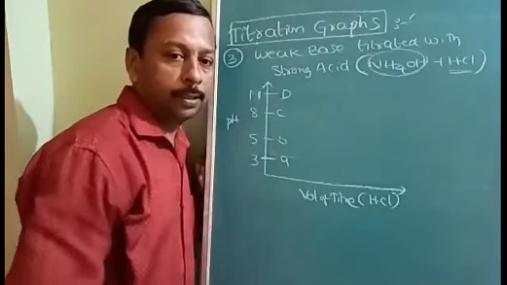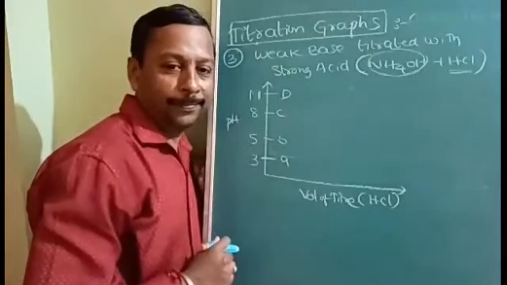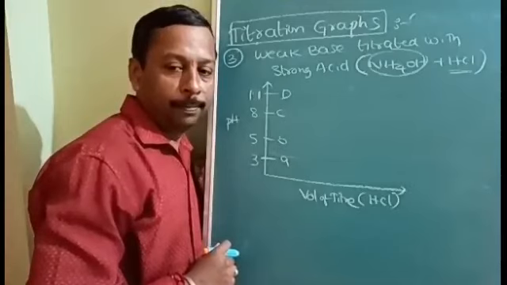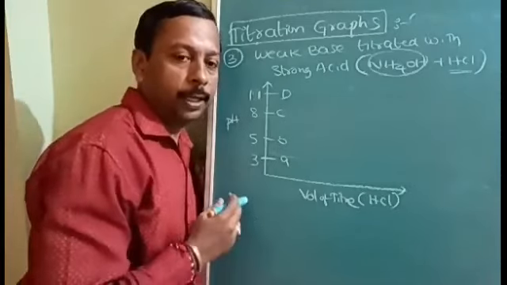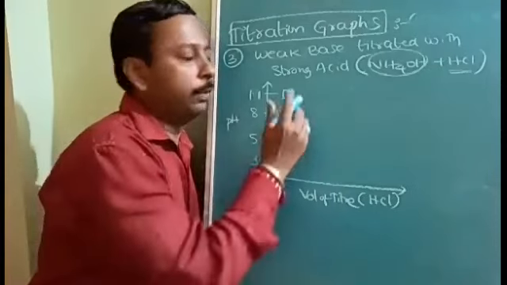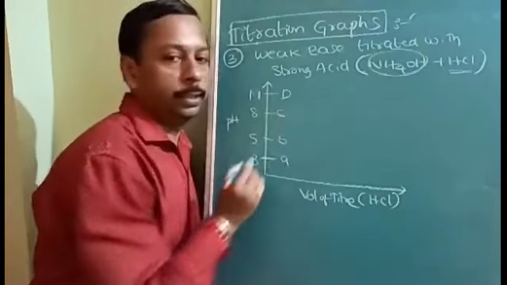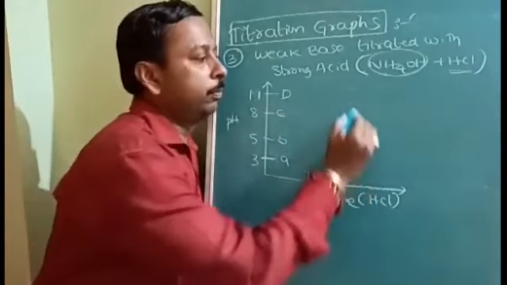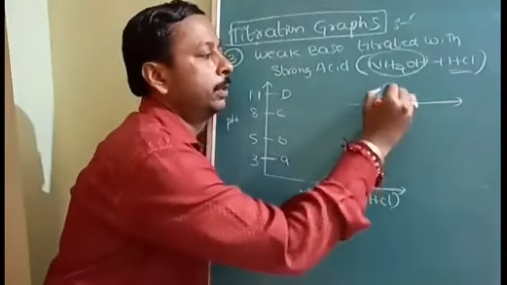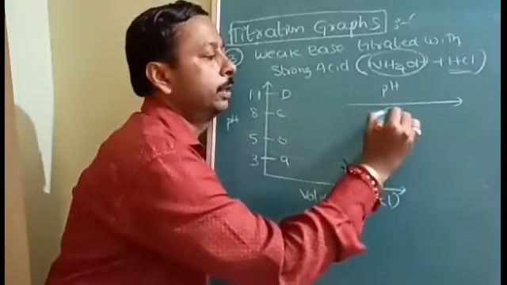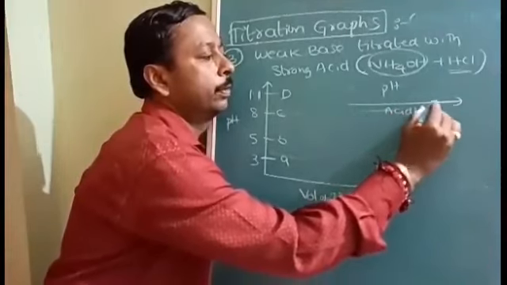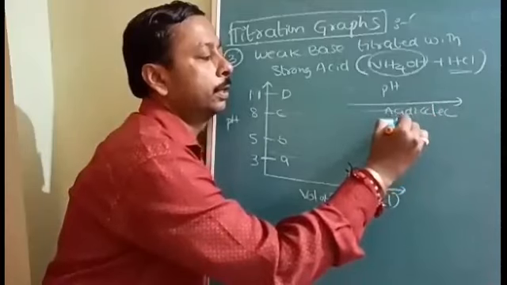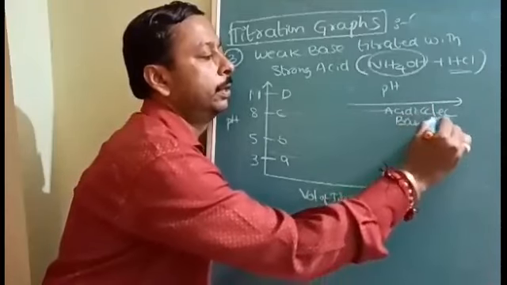Weaker base, C or D? Stronger the base, higher will be the pH. So it is a weaker base, it will be nearby 8. Understood? So as we move from left to right in pH scale, acidic strength decreases and basic strength increases.